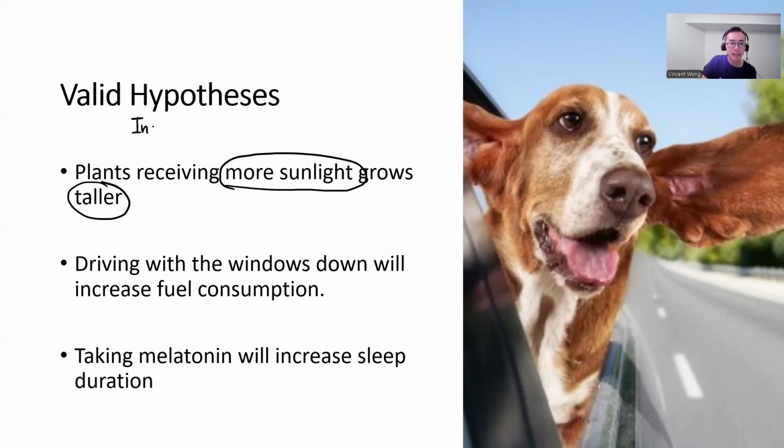So the independent variable would be the amount of sunlight. Is it 6 hours of sunlight? Is it 12 hours of sunlight? Is it 18 hours of sunlight? How much sunlight you give to the plant, you are in full control of that. That would be the independent variable.